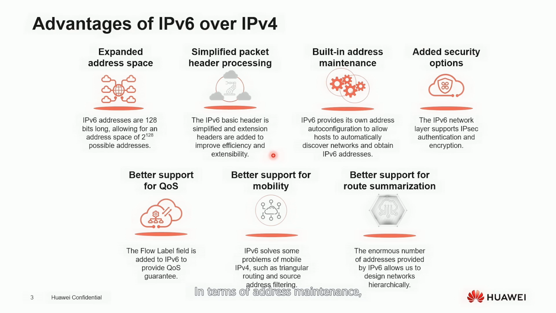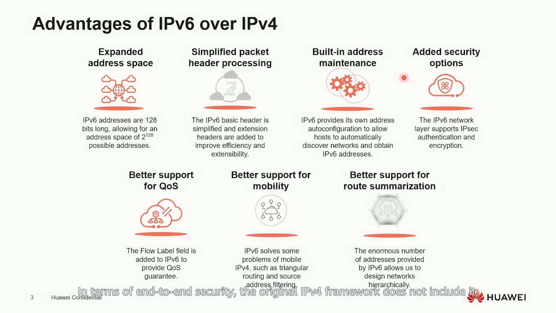In terms of address maintenance, IPv4 mainly depends on DHCP to provide address auto-configuration and readdressing. IPv6 provides its own address auto-configuration to allow hosts to automatically discover networks and obtain IPv6 addresses, improving network manageability.